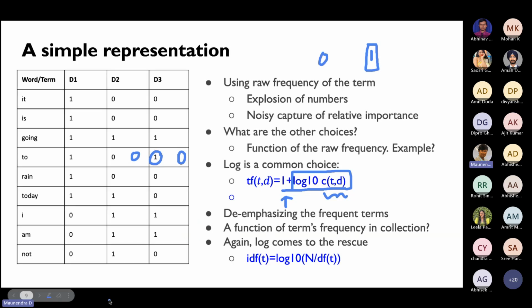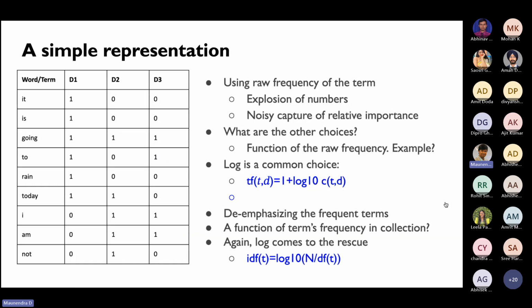So this is the reason why this 1 plus has been added, and TF(T, D) is actually written as 1 plus log 10 C(T, D) if C(T, D) greater than 0, and 0 otherwise.